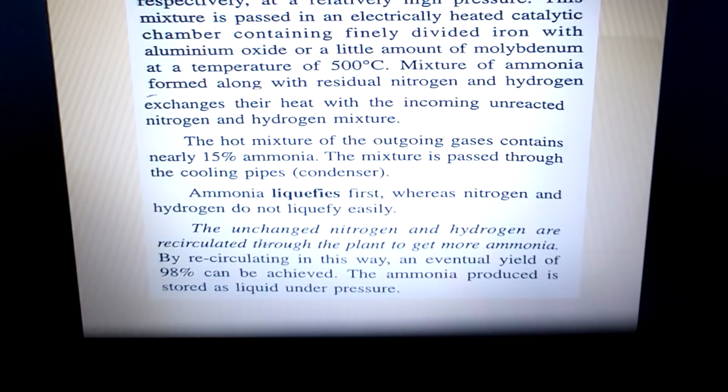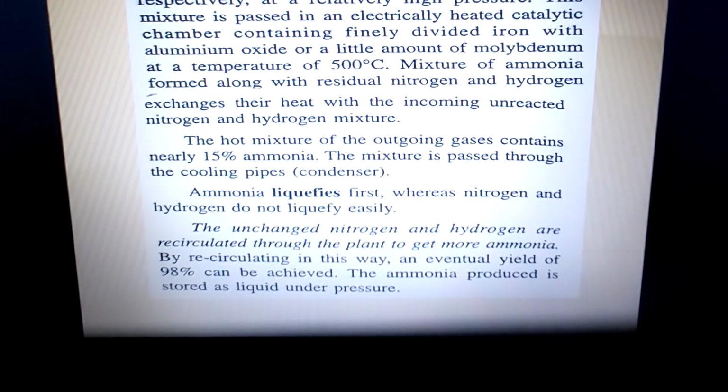So the unchanged nitrogen and hydrogen are recirculated, and by recirculating in this manner, sometimes I was mentioning 85, I stand corrected, the eventual yield would be 98%. So this process may become 98% efficient.